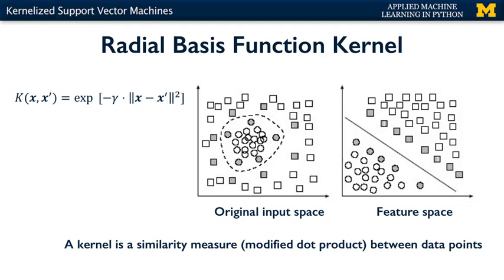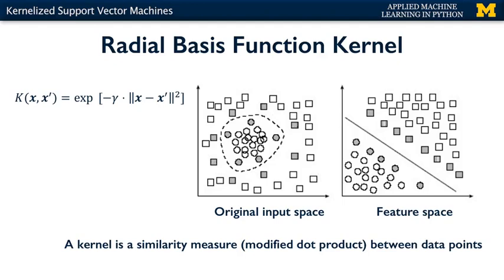The dark circles and squares represent the points that might lie along the maximum margin for a support vector machine in the transformed feature space. And also it shows the corresponding points in the original input space. So just as we saw with the simple 1D and 2D examples earlier, the kernelized support vector machine tries to find the decision boundary with maximum margin between classes using a linear classifier in the transformed feature space, not the original input space.